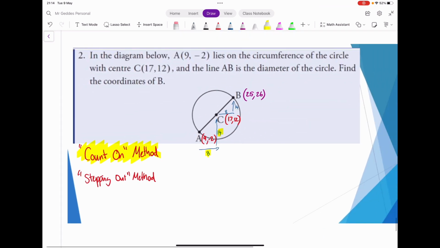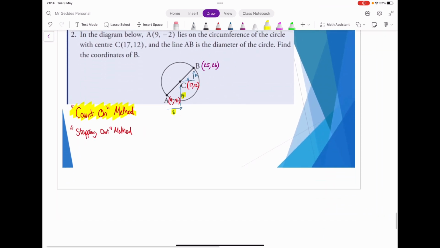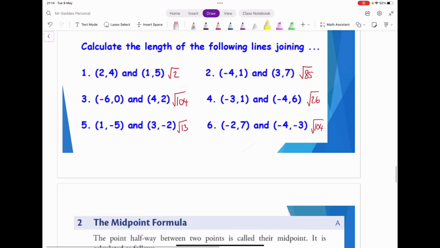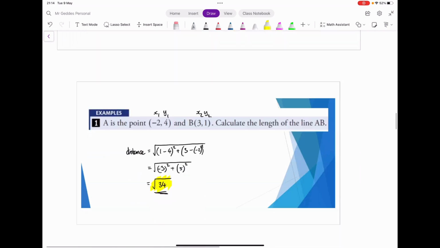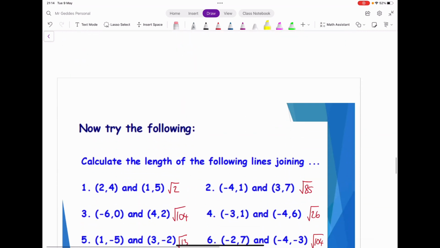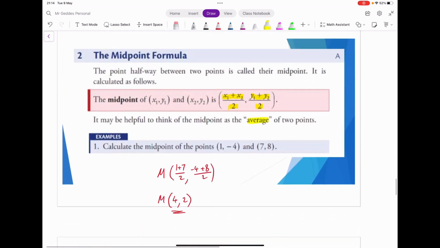And they're both related to the topics that we talked about here today, which was the distance formula up here, and also the midpoint formula, which is there. Okay, any questions, don't hesitate to get in contact through the Teams page or talk to your teacher in class. Good luck.